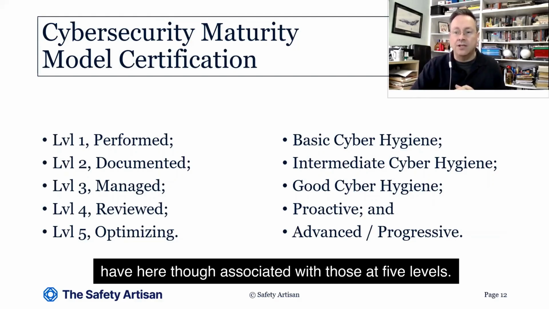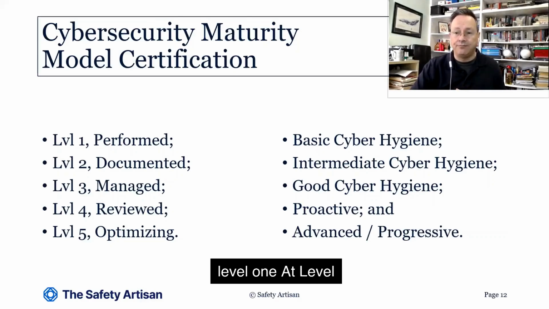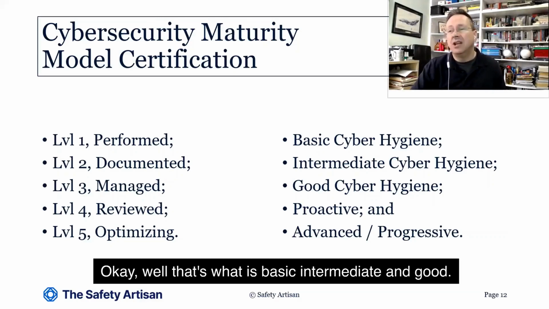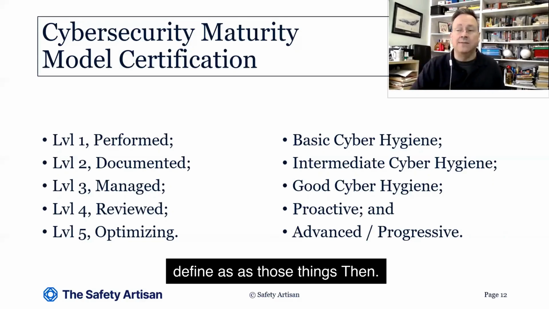What we have here, though, associated with those 5 levels, is that the CMMC associates basic cyber hygiene at level 1, intermediate at level 2, good at level 3. Well, what is basic, intermediate, and good? You have to look in the standard to see what they define as those things.